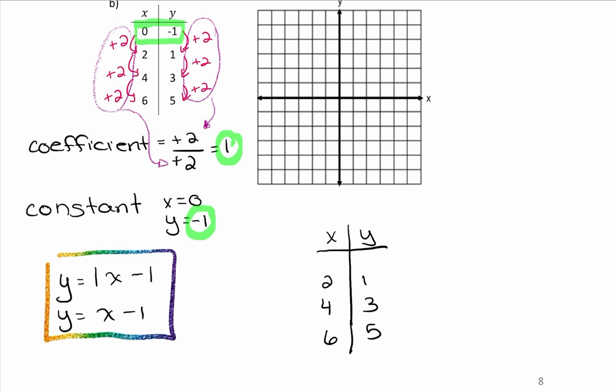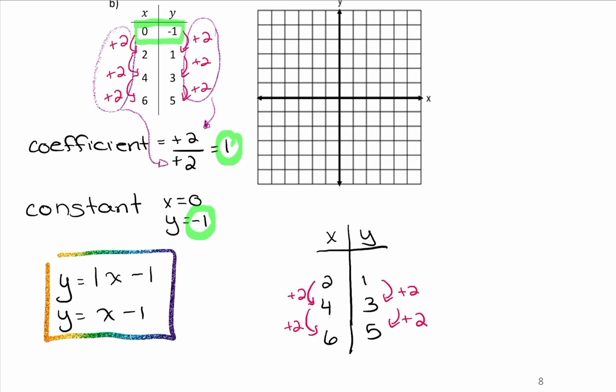So I start off by finding the coefficient the exact same way, plus 2, plus 2, plus 2, plus 2. So I can see that my coefficient is 2 over 2, which equals 1. Now, when I go to find my constant, I need to figure out what y is when x is 0. And when I look at this table of values, I notice that there isn't an x value of 0.